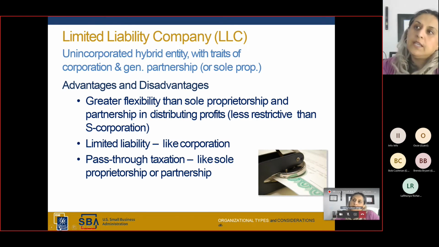To form an LLC, you file documentation called the Articles of Incorporation, which we were speaking about earlier, with state agencies, often the Secretary of State. You pay a filing fee and create an LLC Operating Agreement, which sets out the rights and responsibilities of the LLC members. Again, these documents don't have to be so long and drawn out.